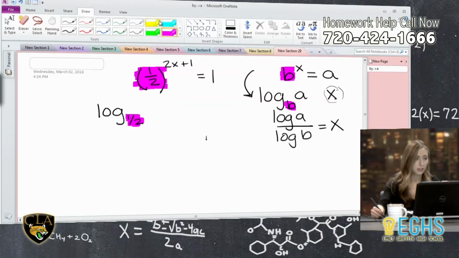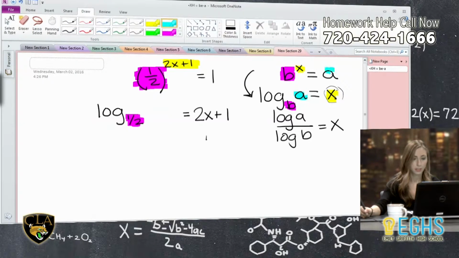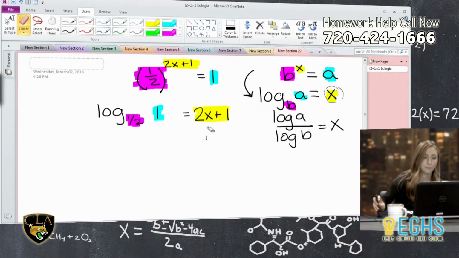Our power is another part of it, and it goes over here, so that's going to go on the other side of our equal sign, 2x plus 1. Then the answer, a, moves over in front of the logarithm. So that's our 1. Really, it's a lot of rearranging, and I'll color code this so you can see where the parts go. But that's really all that happens with logarithms: it's rearranging.